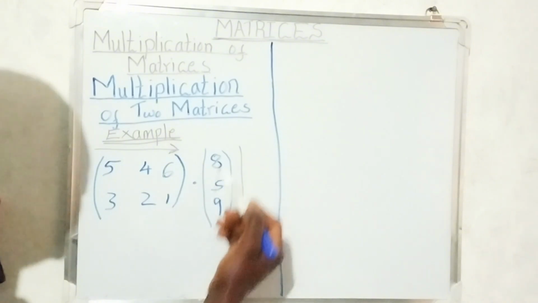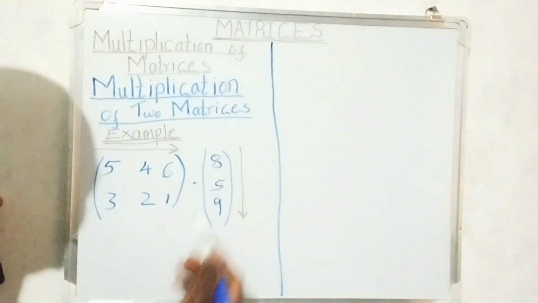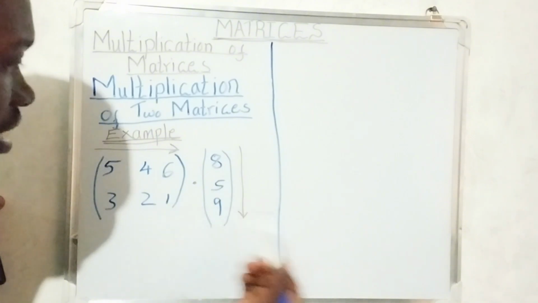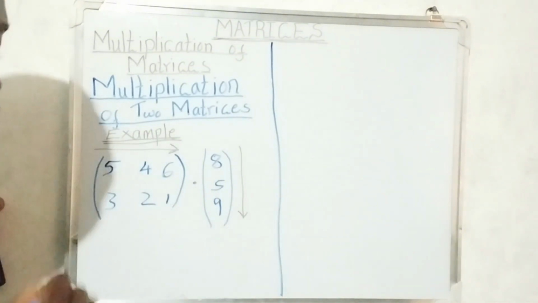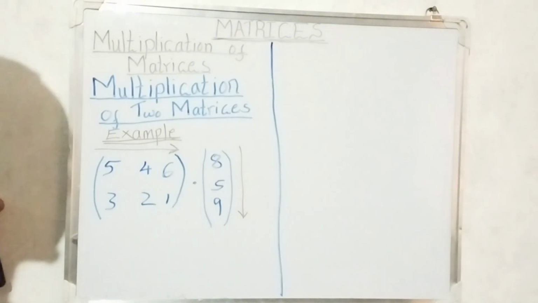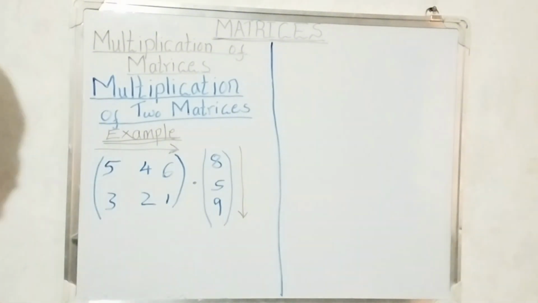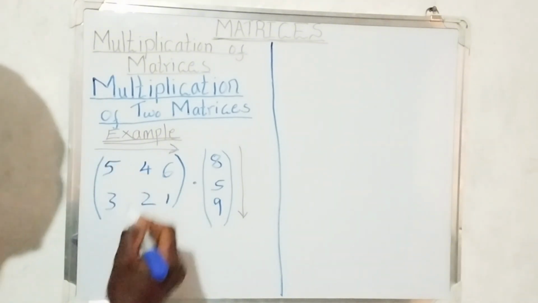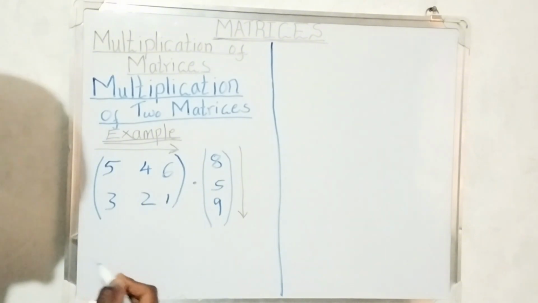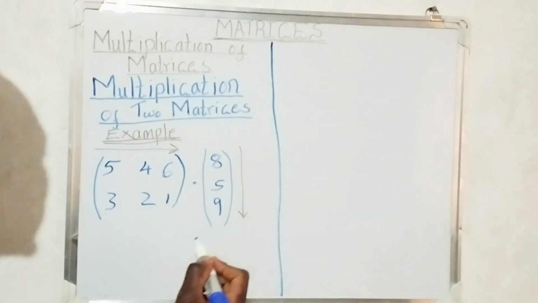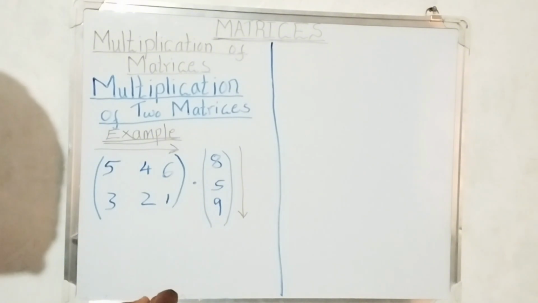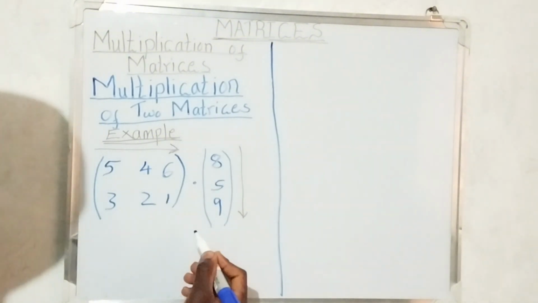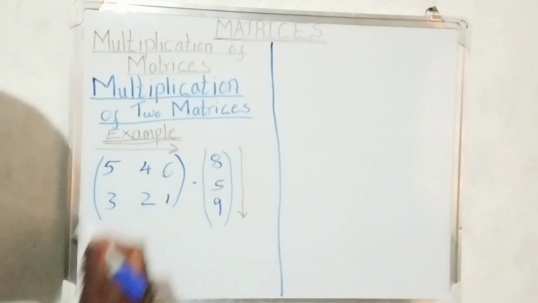And the second matrix has 1, 2, 3 rows. So, we are going to post-multiply the first matrix with the second matrix, or pre-multiply the second matrix with the first matrix.